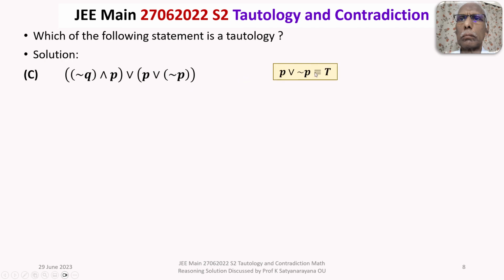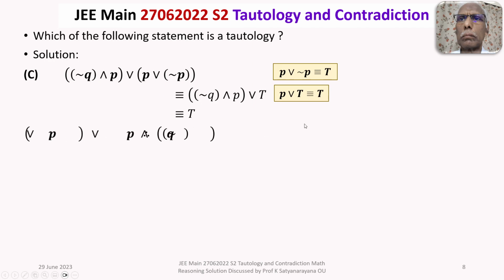So this is T for all truth values of P. So this is equivalent to the first one or T. And recall, for any truth value of P, P or T is logically equivalent to T. So it is T. That means it is true for all possible truth values of P and Q. Therefore, it is a tautology, and that's our answer.